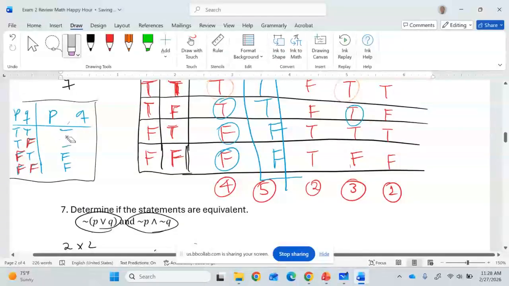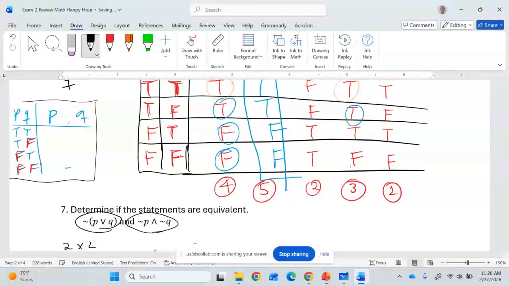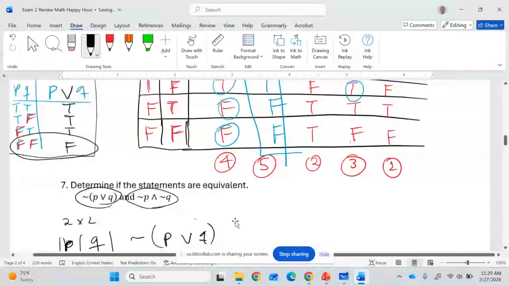If you had an or, then the whole statement is true if at least one of them is true. It's like saying either this one or the other one has to be true, or both. So if both of them are true, it's going to be true. If at least one of them is true, it's true. You only get a false when both of them are false.